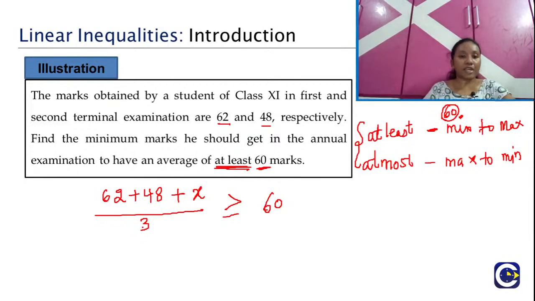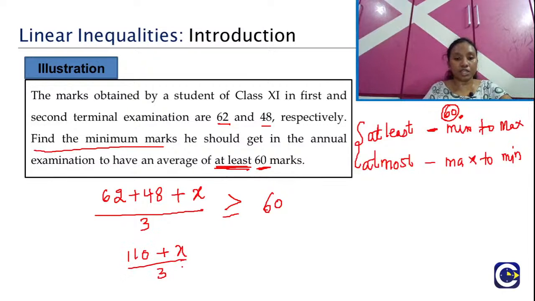Let's simplify it. Our aim is to find the minimum marks he should get in the annual examination. 62 plus 48 is 110, so (110 plus x) divided by 3 is greater than or equal to 60. If I multiply by 3 on both sides, it becomes 110 plus x greater than or equal to 180.